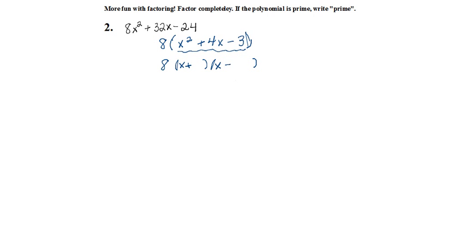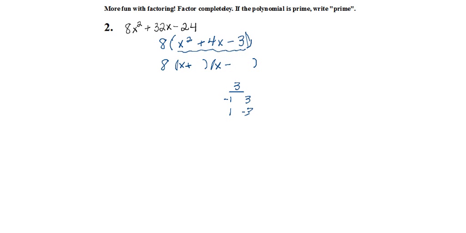So let's think about factors of 3 here, okay? What are my factors of 3? I have 1 and 3, and that's it, right? Because it's prime. So if I'm doing a product to get a negative, that means I have a couple of options. I could either have negative 1 and positive 3, or I could have positive 1 and negative 3.